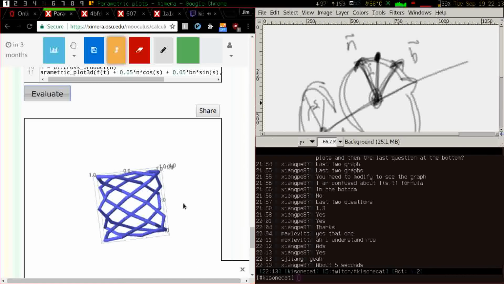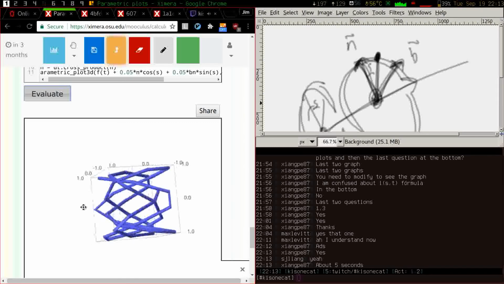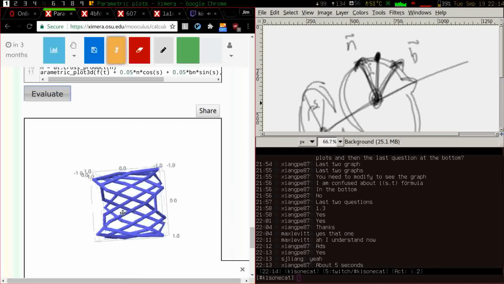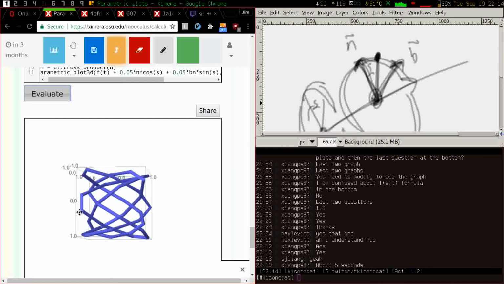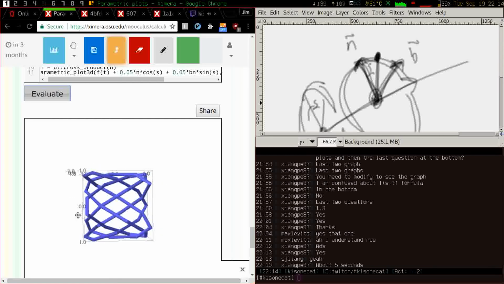Hopefully, we'll eventually have a Zoom account available to us. We only have Carmen Connect right now.